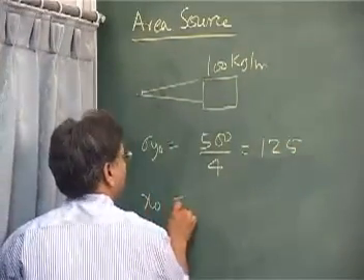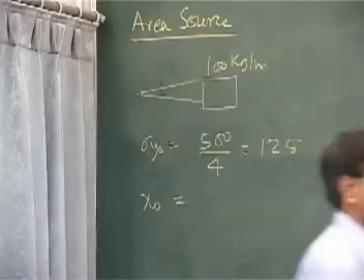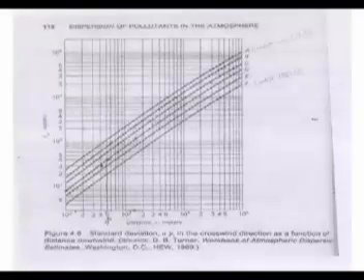Find out x naught. Correct. Go back to the figure. This was 125, this is 10, this is 100, right? This is your 200, 125 is here, right? Go back here and somewhere here, and then come here.